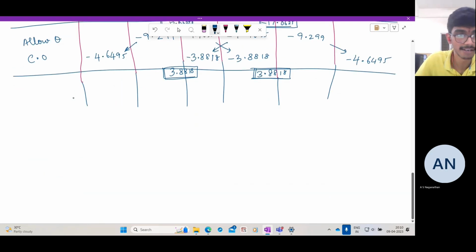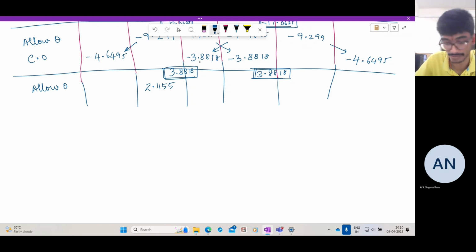When you apply that, again you allow rotation, split them up. So here you get 2.1155.